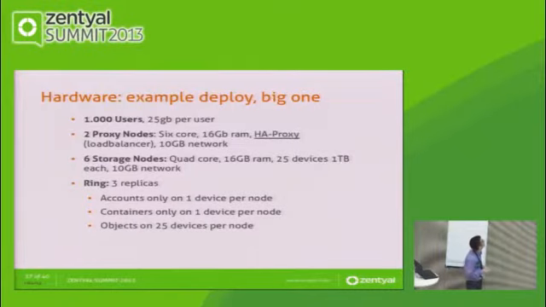For a big deployment, let's say 1,000 users with the same storage of 25 gigabytes per user, we will recommend 2 proxy nodes with a CPU with, if possible, more cores than usual. With that we could increase the workers parameters of all the processes to have more threads. 16 gigabytes of RAM, because RAM is cheap.